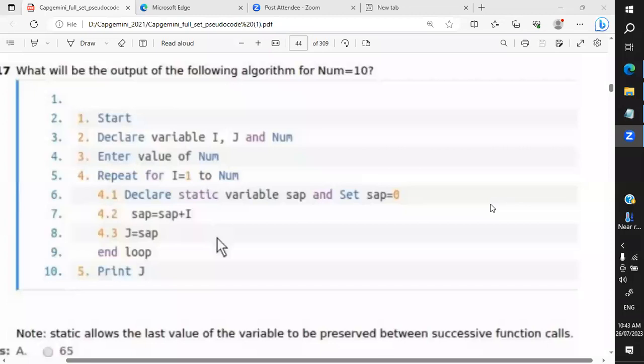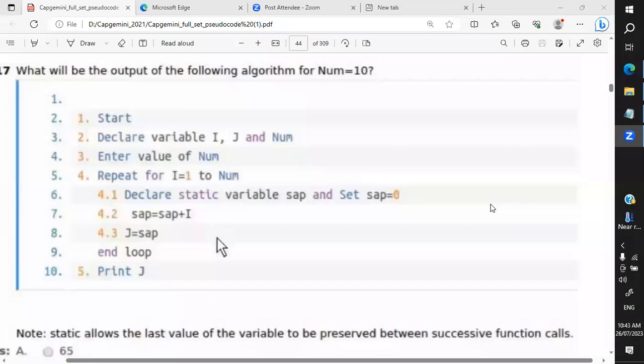I see only 55 as the answer. But someone said 10. Is it so? Let's cross check once. I hope the majority of you are saying 55. Cool. Oh, one more person says 10.